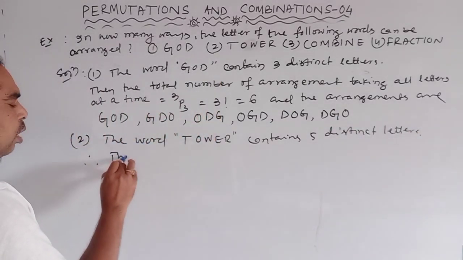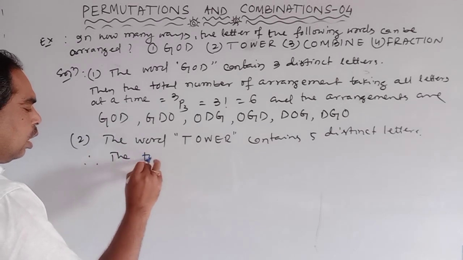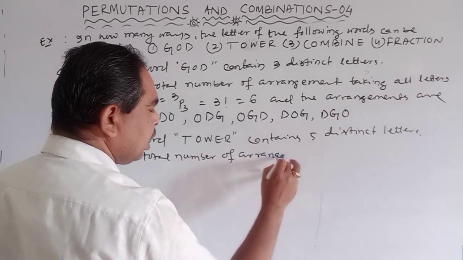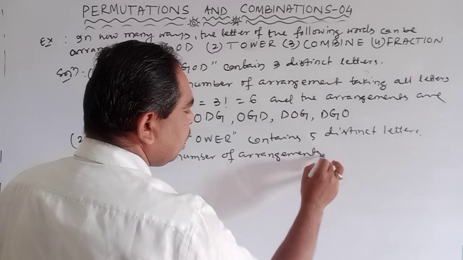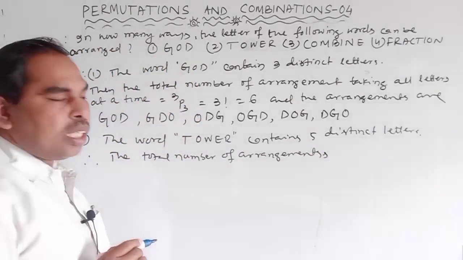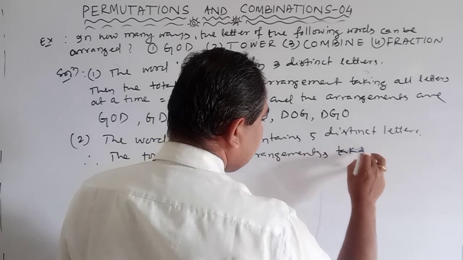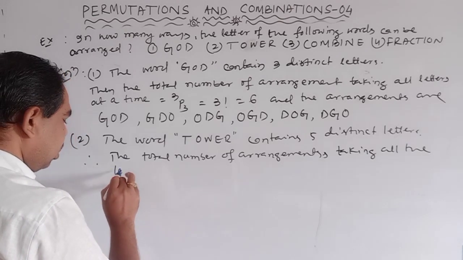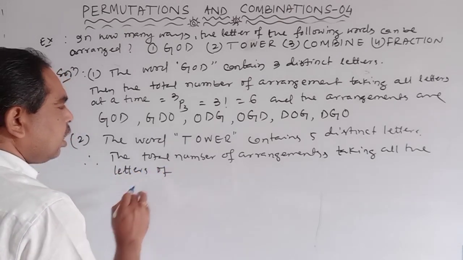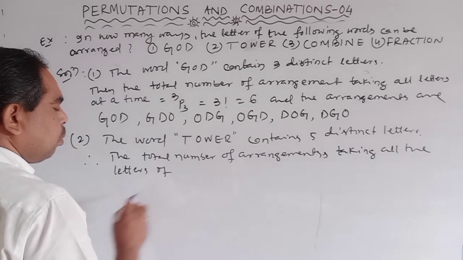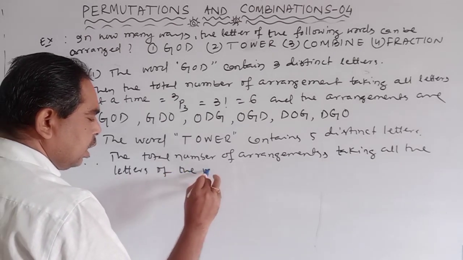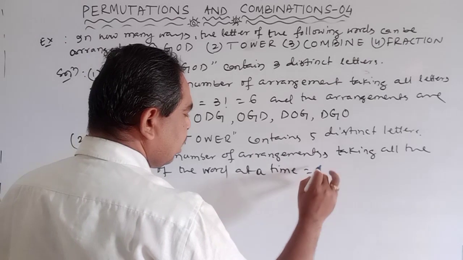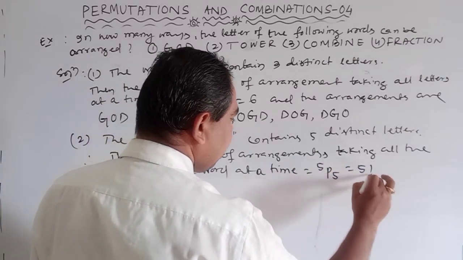Therefore, the total number of arrangements taking all the letters of the word at a time is equal to 5P5, which is equal to 5 factorial.